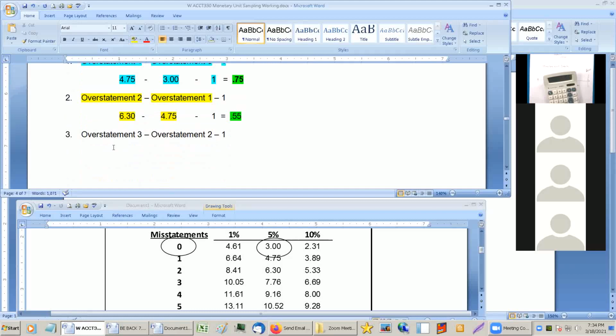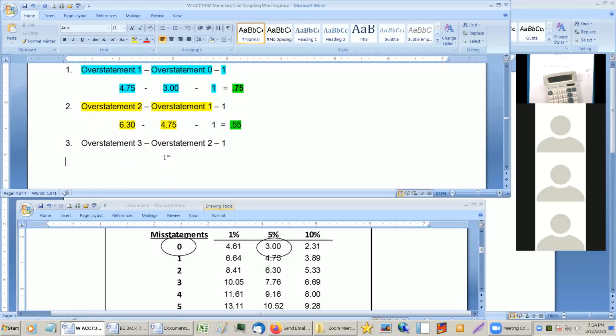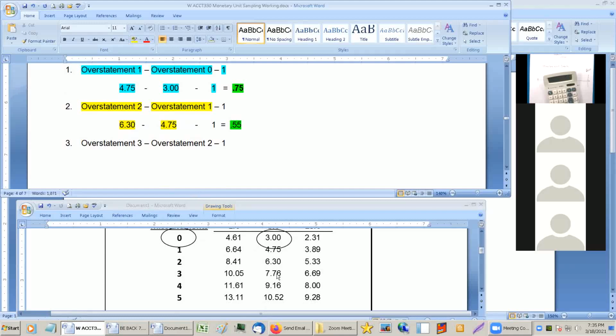And number 3 would be the same idea: 7.76 minus 6.30 is 1.46.